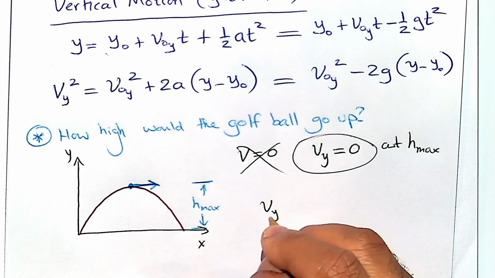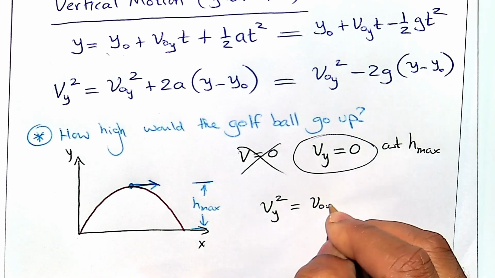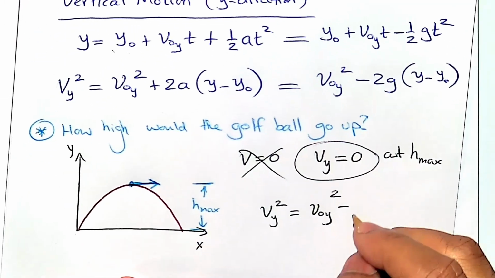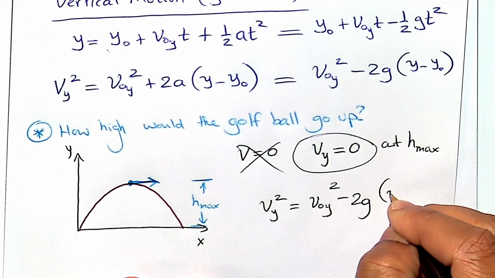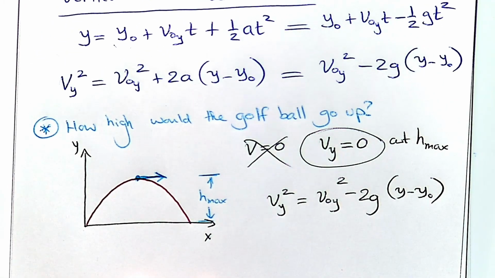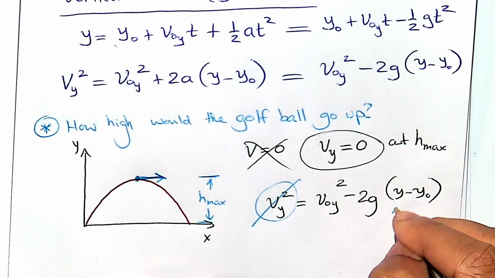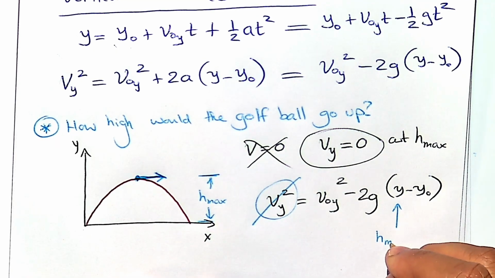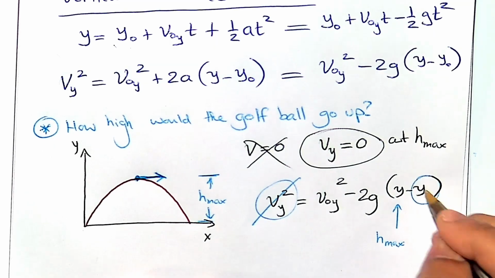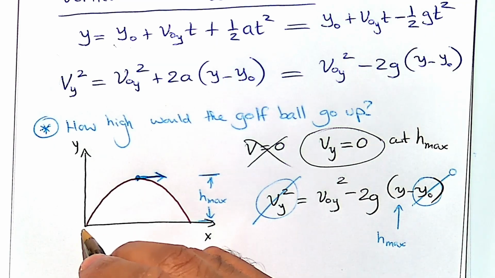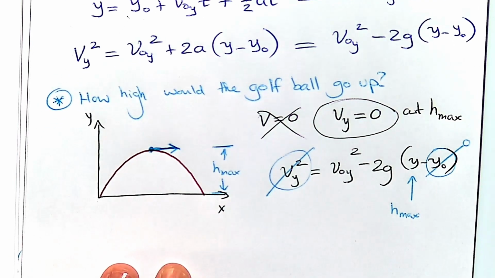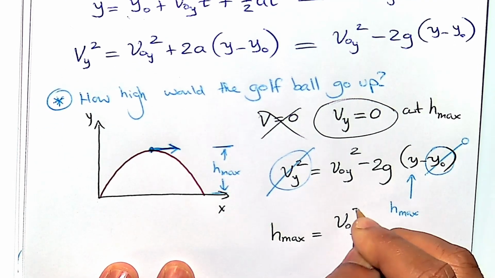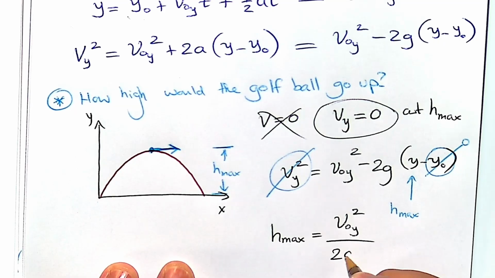We can say velocity in the y squared is equal to the initial velocity in the y squared minus, let's use this one just for some practice with the negative sign version, 2 g times the height. The final y velocity is 0, the height is just the maximum height, and we're starting off at y initial of 0 here. Now we can solve for this. h max is equal to the initial velocity in the y squared divided by 2 times g.